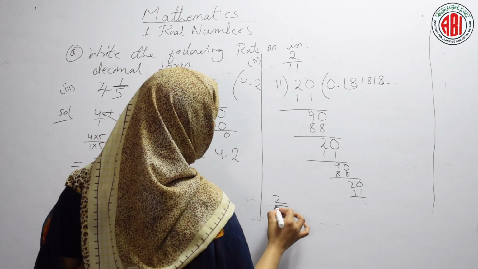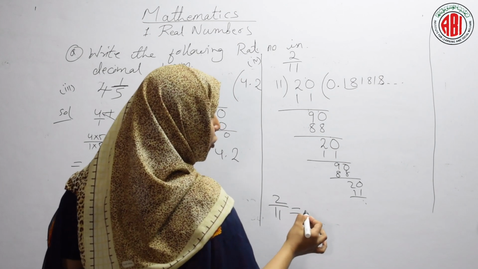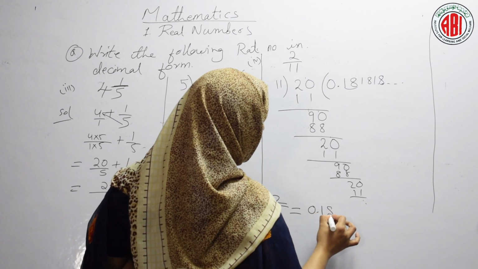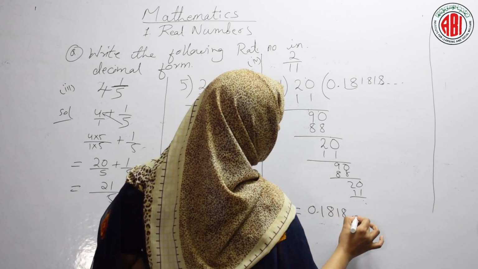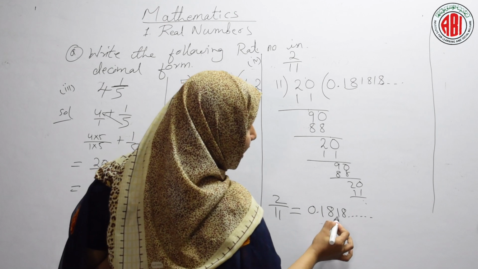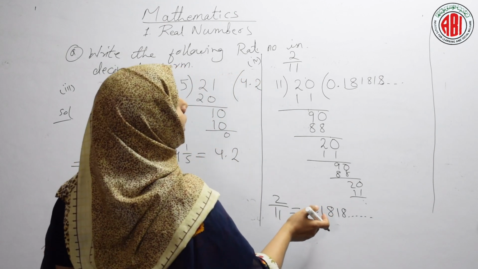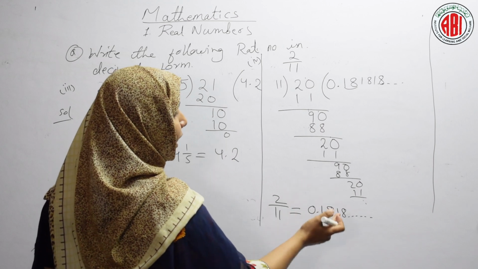So the answer of 2 by 11 in decimal form, we are getting 0.1818, right. That means 18 is repeating again and again. So this is nothing but a non-terminating repeating decimal.